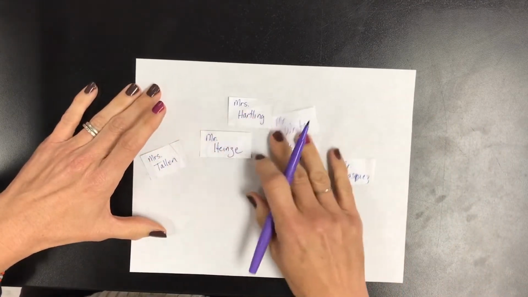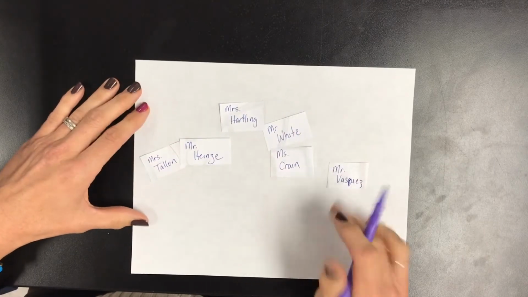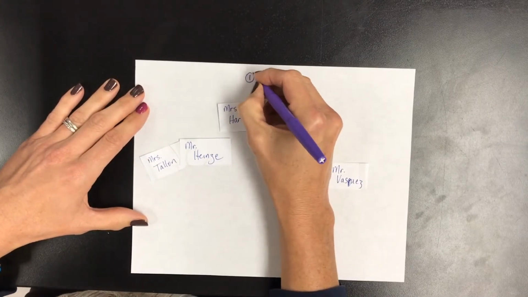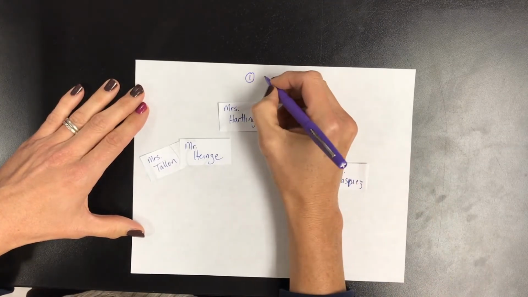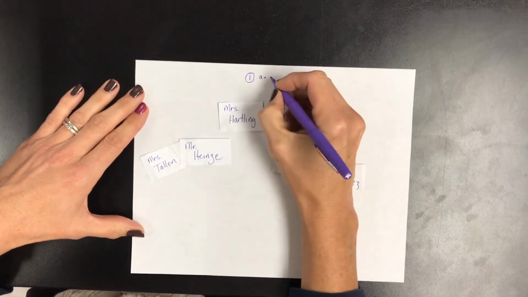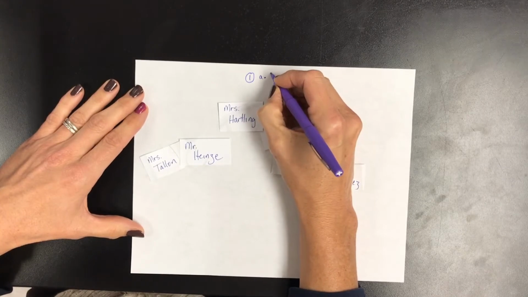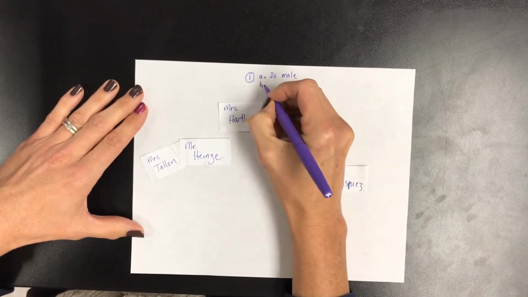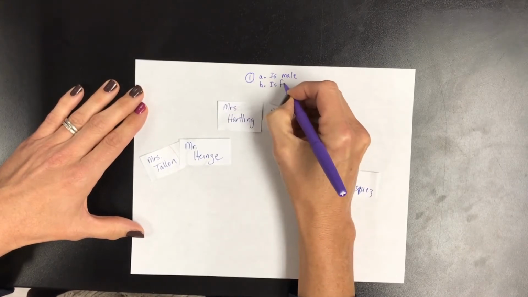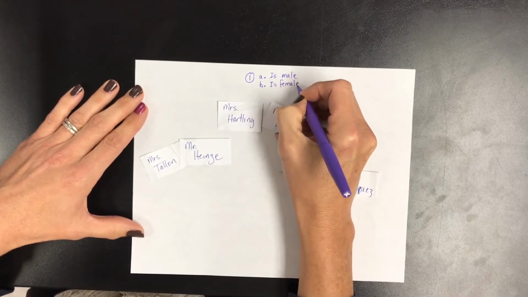So in my case, my first question is, I'm going to say 1, and I'm just going to do this on a scrap piece of paper. 1A is male, and 1B I'm going to say is female. Okay? So that's going to be our first one.